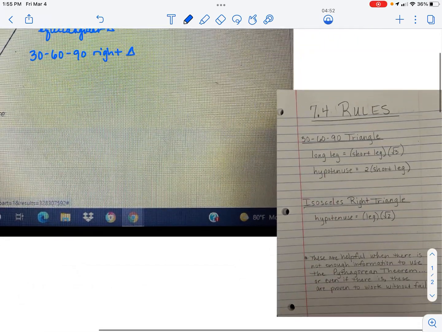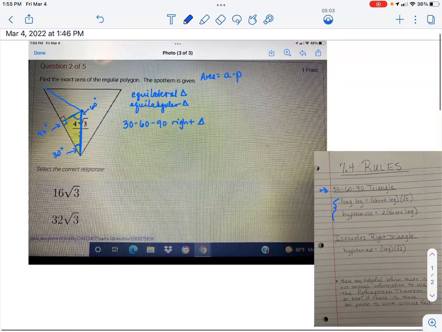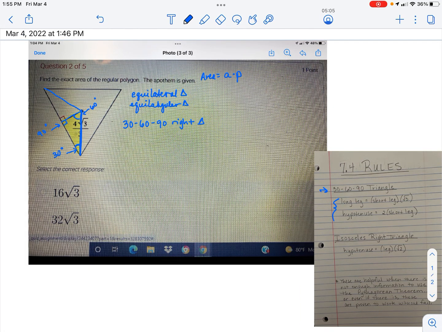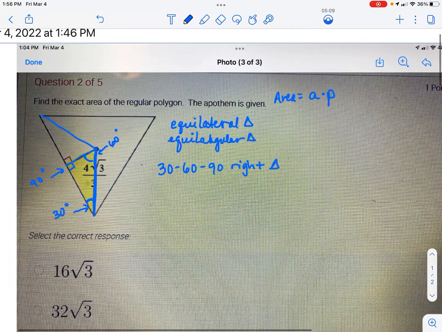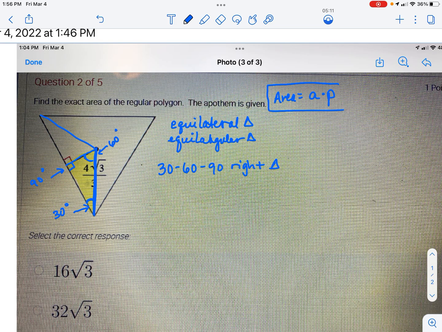Now go back to the sheet I sent you last week. Here we have a 30, 60, 90 triangle right here, and we have some rules that we can take a look at. We can figure out a leg measurement, because remember, in this formula that we're trying to use, the apothem and the perimeter to find the area of the entire big triangle, the original triangle that was given to you in the problem, I have to have some measurements, and I don't have them.